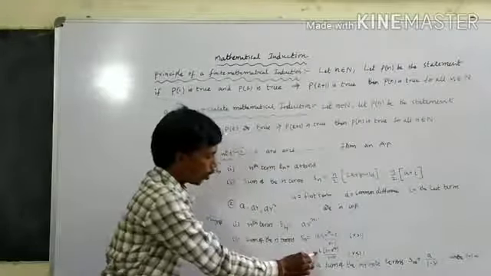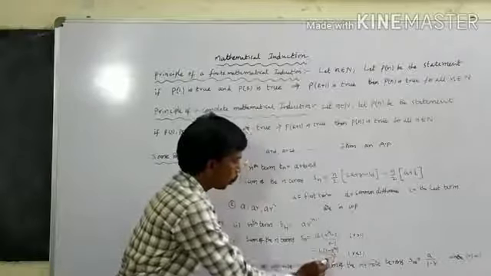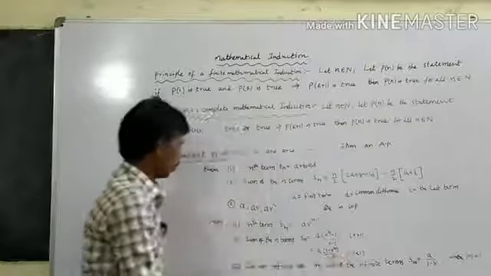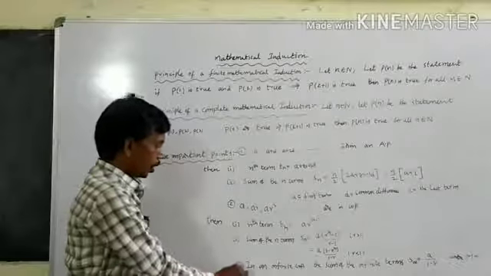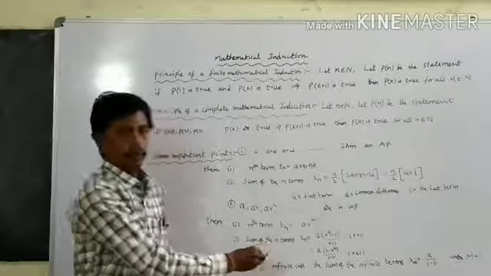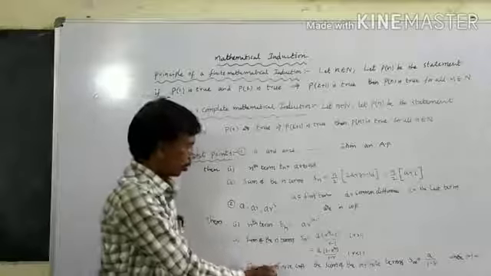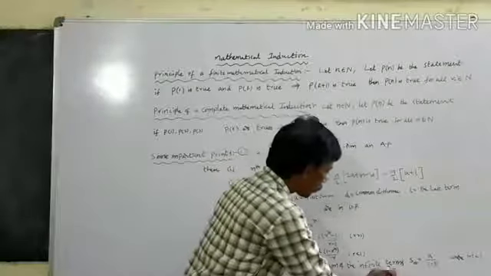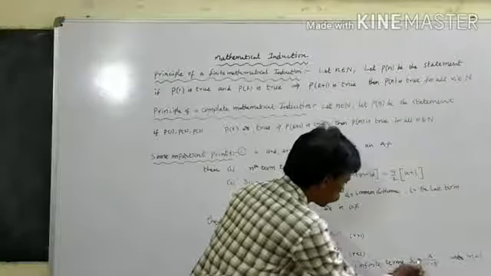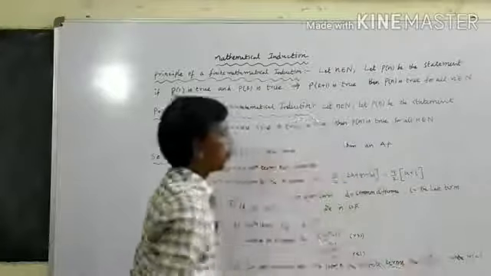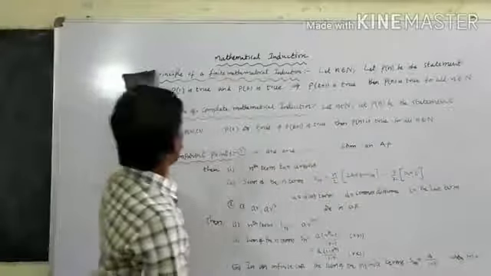That is equal to a times (1 minus r power n) by (1 minus r), r less than 1. Third, in an infinite GP, GP means geometric progression, the sum of the infinite terms S equals a by (1 minus r), where r is less than 1.